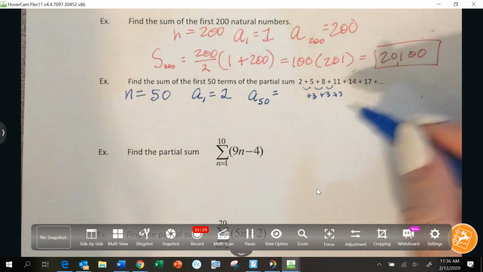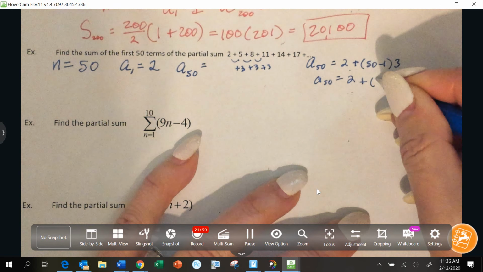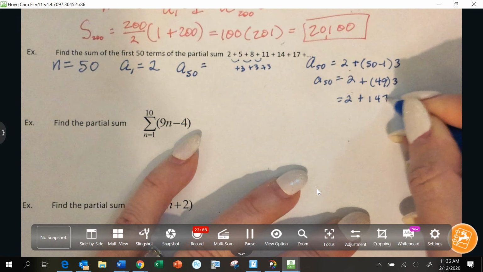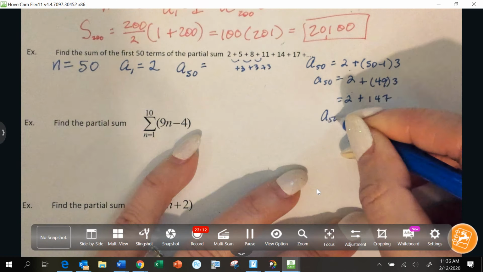Two plus number of terms 50 minus 1 times 3. a sub 50 should be 2 plus 49 times 3. Well, 49 times 3 is 147. Plus 2, 149 should be the 50th term.